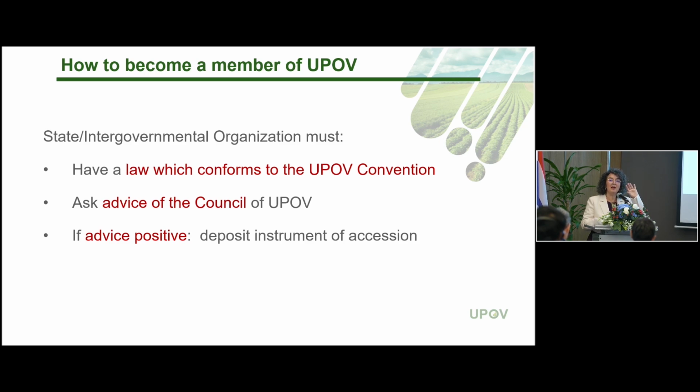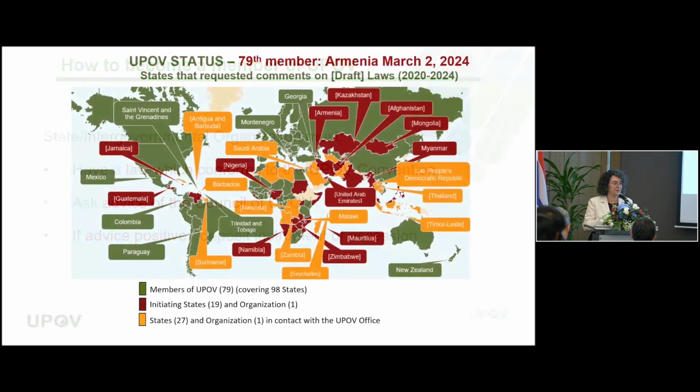I will give you a highlight of the current status of UPOV at the global level. This is a very dynamic map, as you can see. We have in green the UPOV members as of today. As I mentioned, 75 UPOV members covering 98 states, because we have the European Union and the African Intellectual Property Organization.